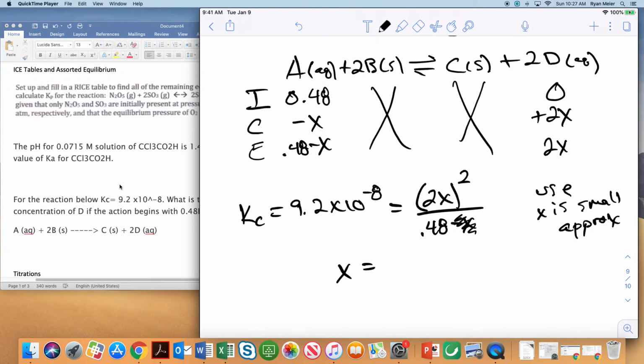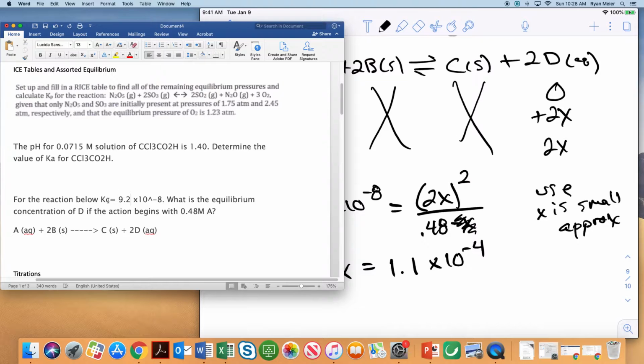Let's go ahead and solve for that: 9.2 times 10 to the minus 8 times 0.48 divided by 4, and then take the square root of all of that. And I'm going to get about 1.05, or 1.1, times 10 to the minus 4, and that's my x value.